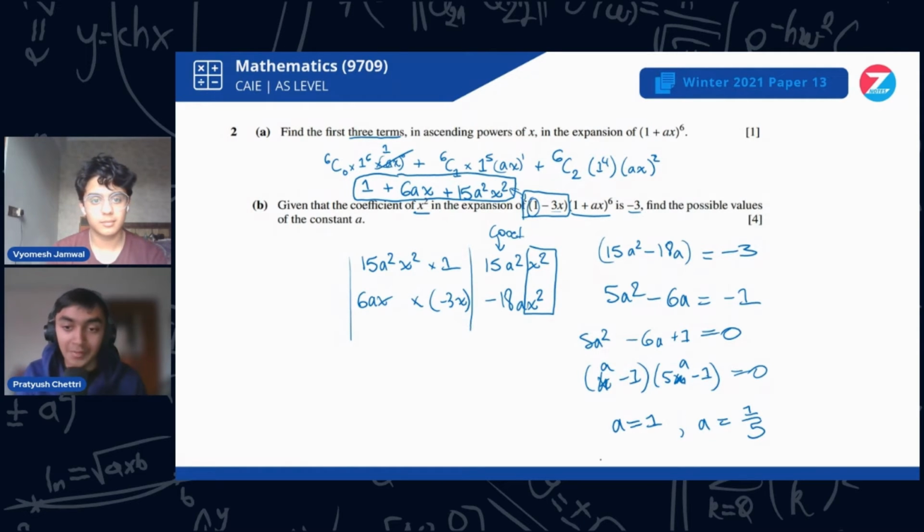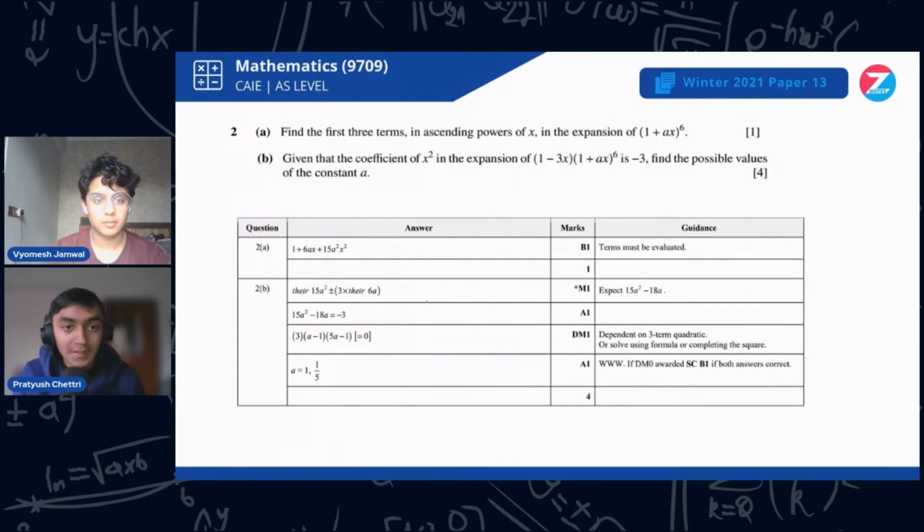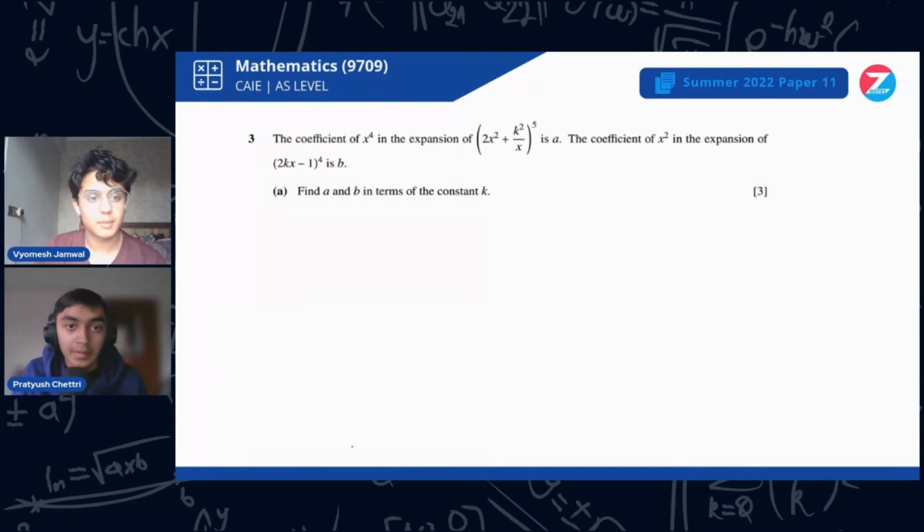So those are two values of a. If you check this, yes, indeed, that's how you do it. You have to show that you multiplied some terms together, like the coefficient, to get x squared, make it equal to minus 3, solve it quadratically, show your answers. Easy 4 marks.